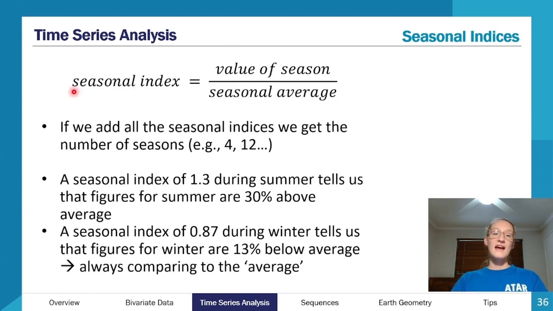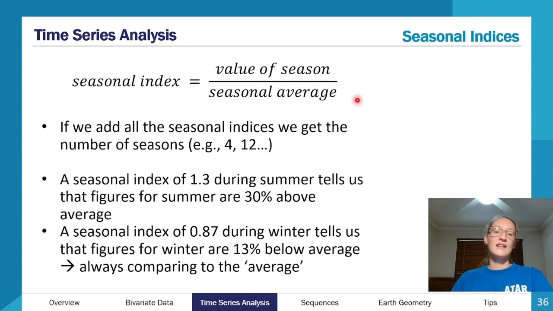This is our formula to calculate the seasonal indices. The seasonal index, that number that'll probably be around 1, a bit below or a bit above, is equal to the value of the season, for example the number of ice creams sold in summer, divided by the seasonal average.